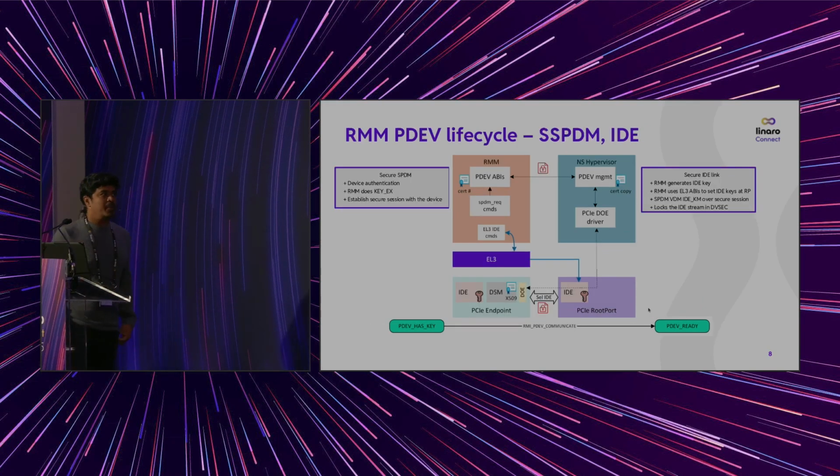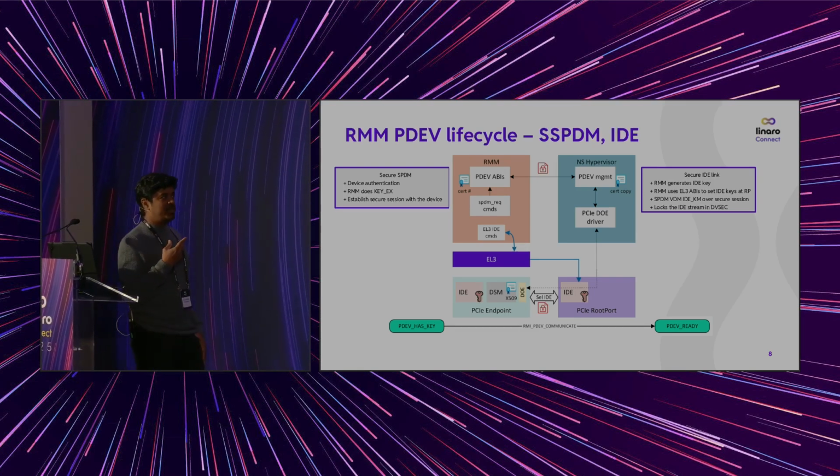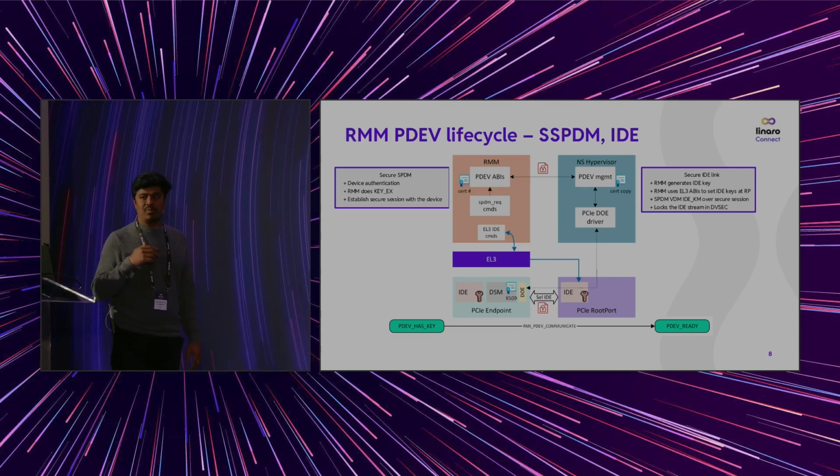Once the public key is initialized with the SPDM connection, two main things happen here: one is establishing a secure SPDM session with the device, and the next is securing the IDE link.